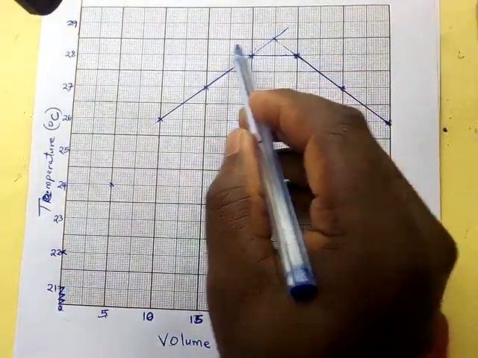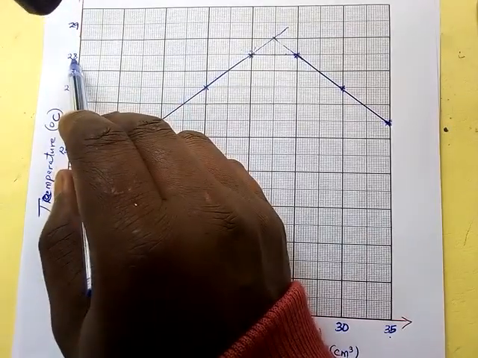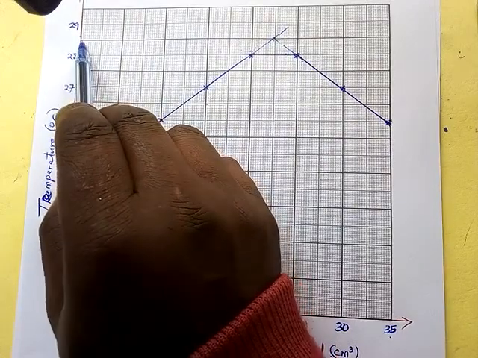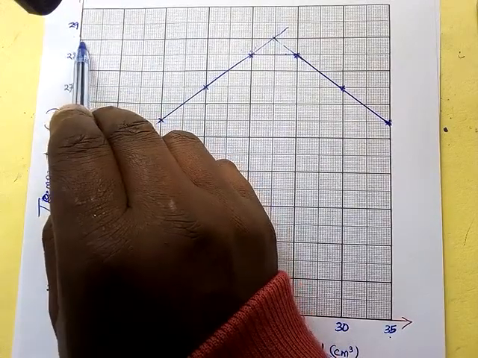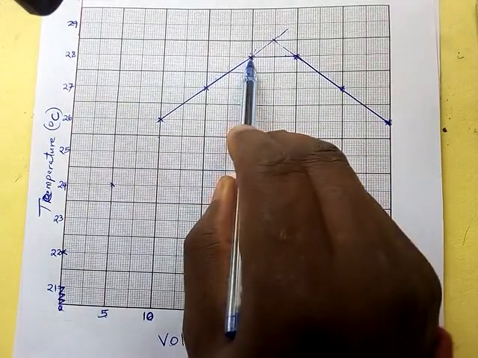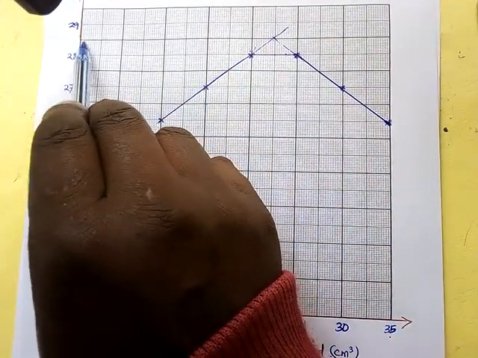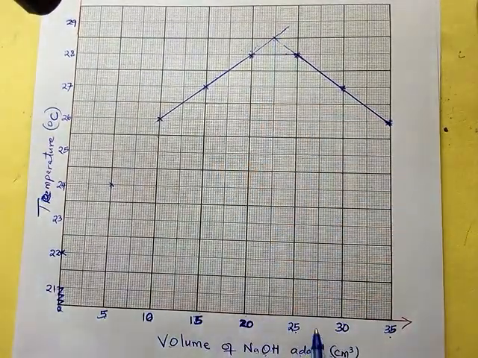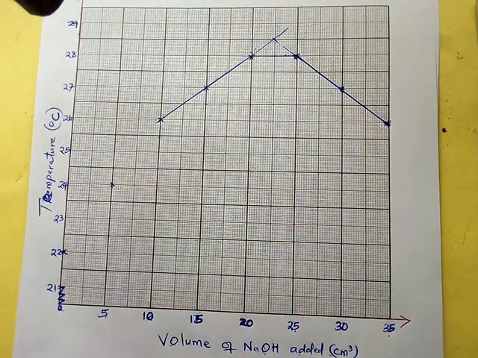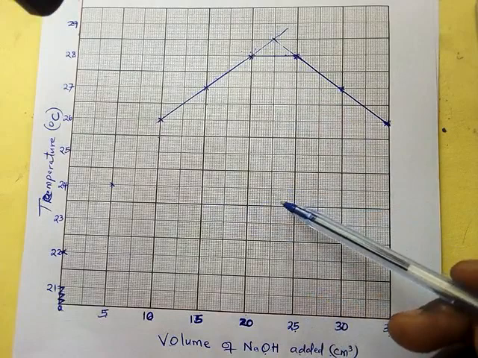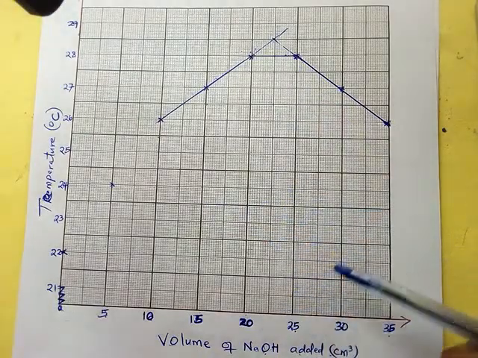So when you come across here, the maximum temperature is 28.5, because this one is 29. So the maximum temperature is not 28, right? It is now 28.5 from the graph. Very good. So let us go straight to the question. By doing so, you score your marks, 3 marks.